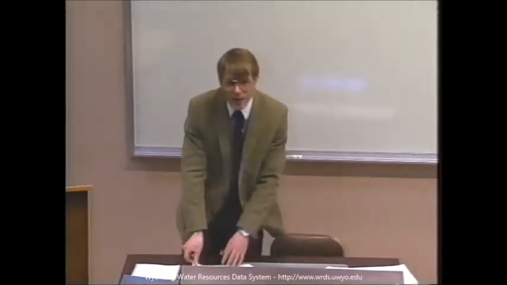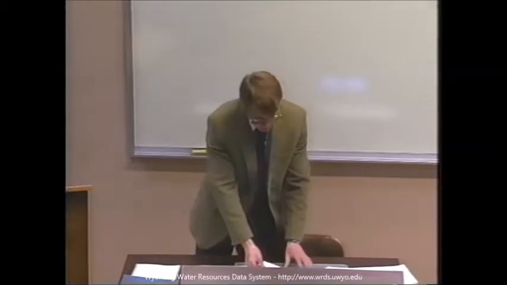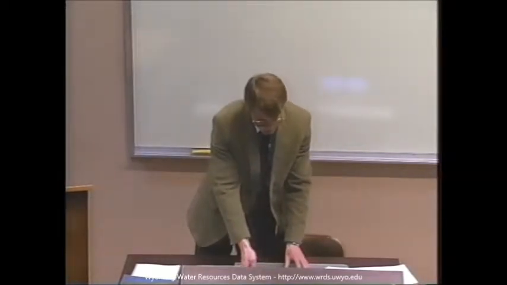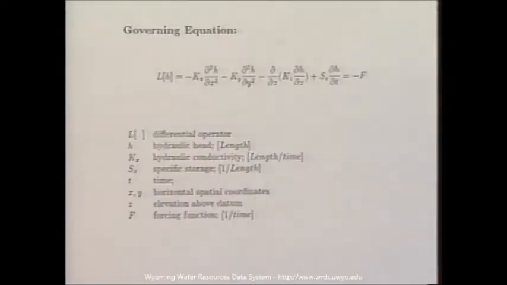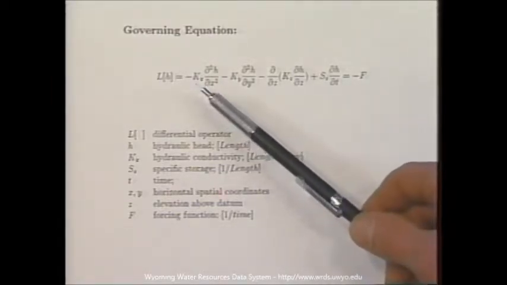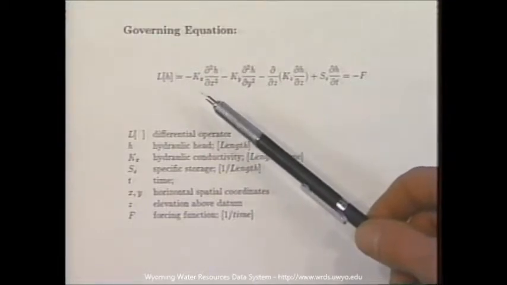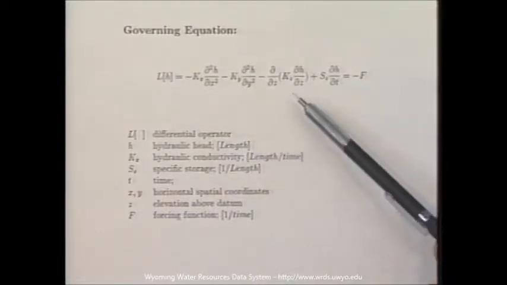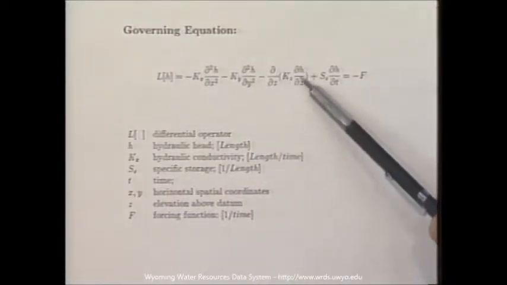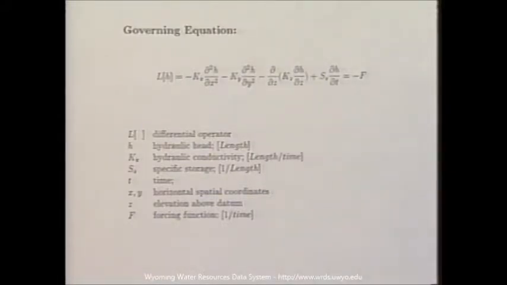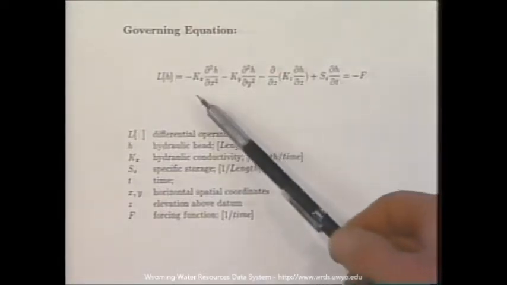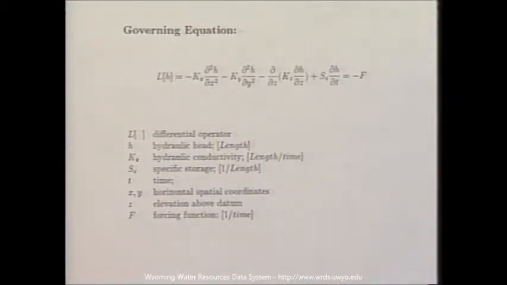Well, with that out of the way, we'll go to the governing equation. A few things to note about the governing equation is that I didn't put it in terms of transmissibility. I kept it in terms of hydraulic conductivity. And the main reason is that I wanted to allow hydraulic conductivity to change as a function of elevation. The hydraulic conductivity in the x and y directions can be different, but in horizontal planes they will be the same.